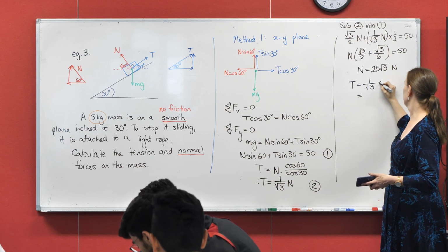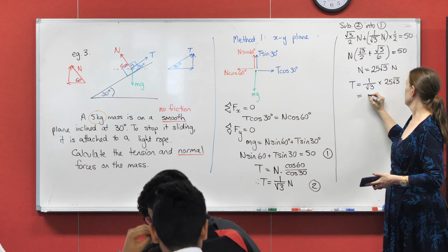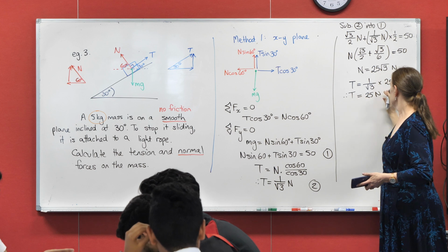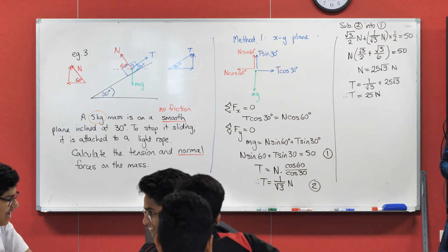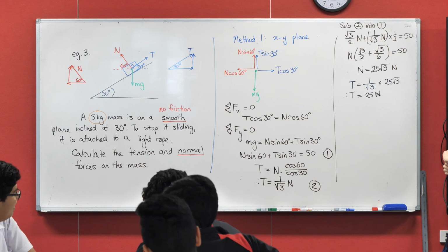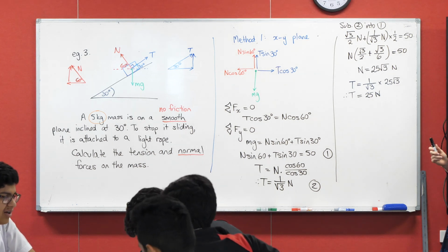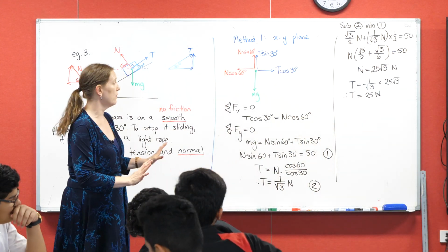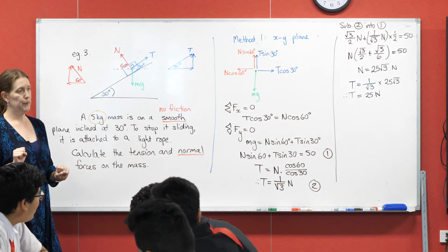There we go. I like the fact that we got the very easy part wrong. Well done. We happy with that? I'm going to leave it there for a second. You will get a copy of this, but if you do want to take a photo, go for it. We're then going to go into method 2.